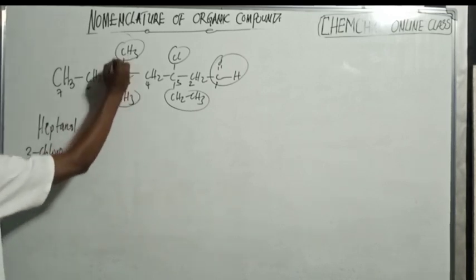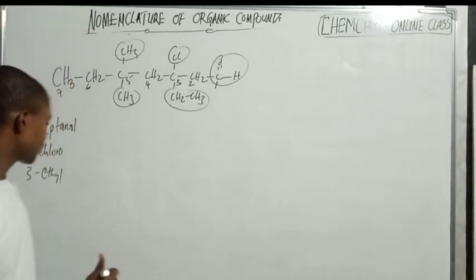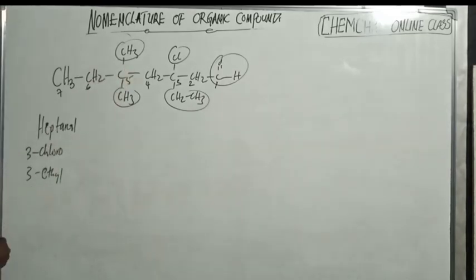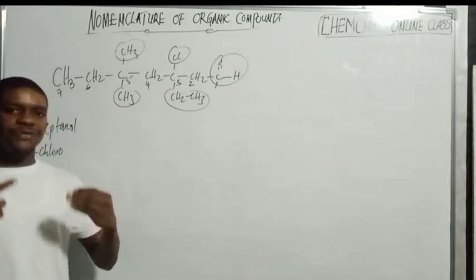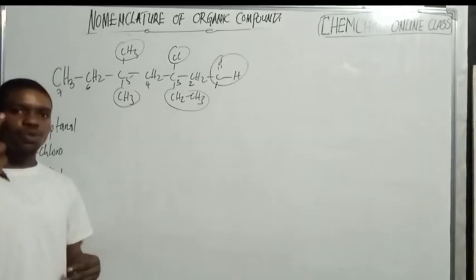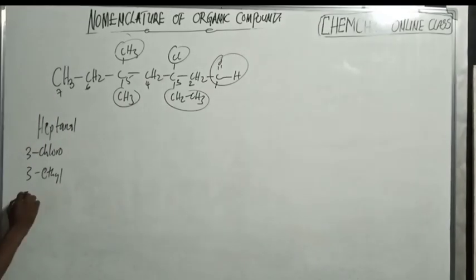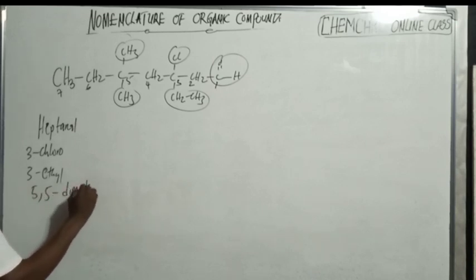Now these two are the same substituent, so it's going to be 5,5-dimethyl. When I have 2 of the same substituent in a chain, you have to use the prefix di. Di means 2, right? 2 substituents. So now it would be 5,5-dimethyl.